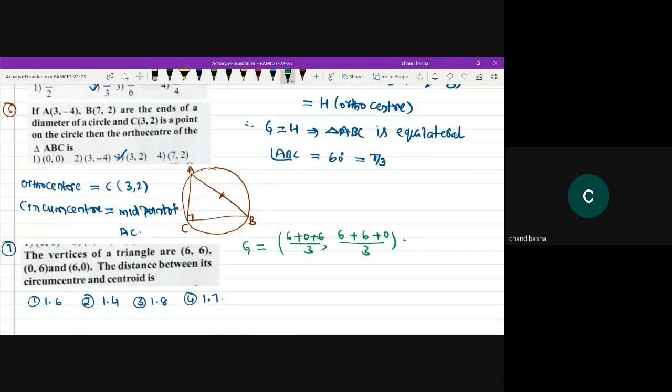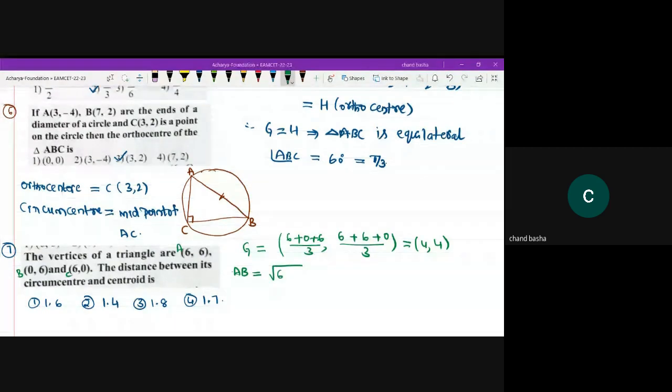So the centroid is 12 divided by 3, that is 4 comma 4. Centroid is given. Now, how to find the circumcenter? Let this be A, this B, and this C. I am finding the AB value. Make use of the distance formula: AB is the square root of (6 minus 0) whole square plus (6 minus 6) whole square.